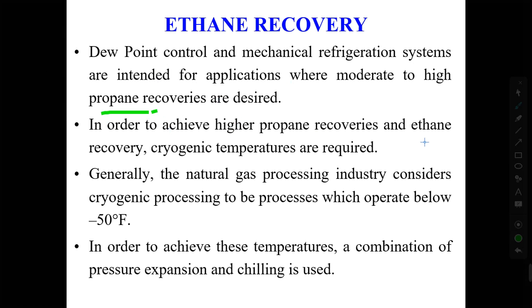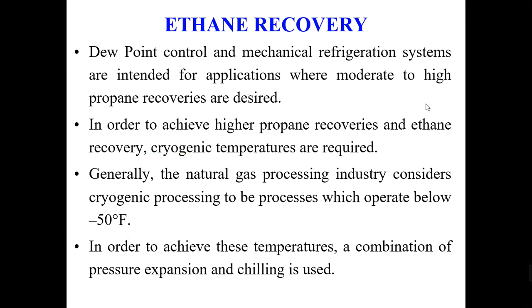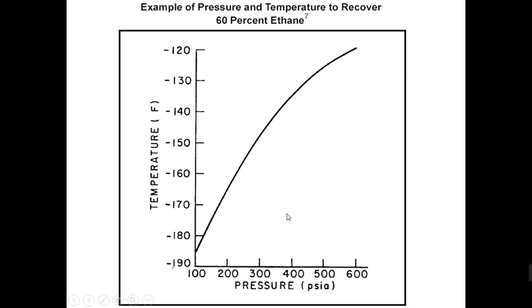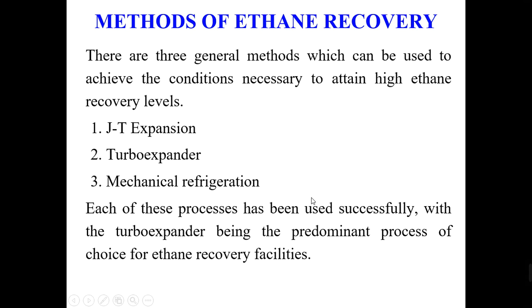Now we are talking about ethane plus recovery, and of course cryogenic temperatures are needed. We have to keep minus 50 degrees Fahrenheit and lower in order to achieve better ethane plus recovery. As you can see, if we keep the pressure around 100 to 200, we can achieve a very low temperature, which can be used for ethane recovery.